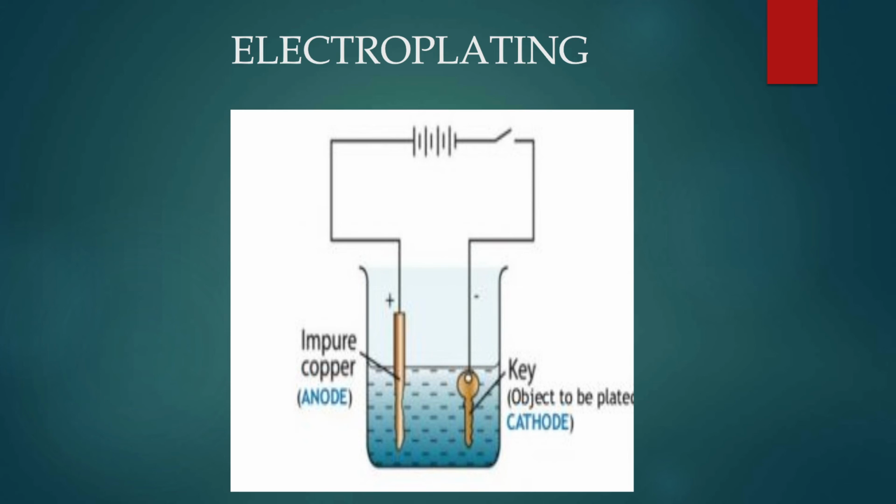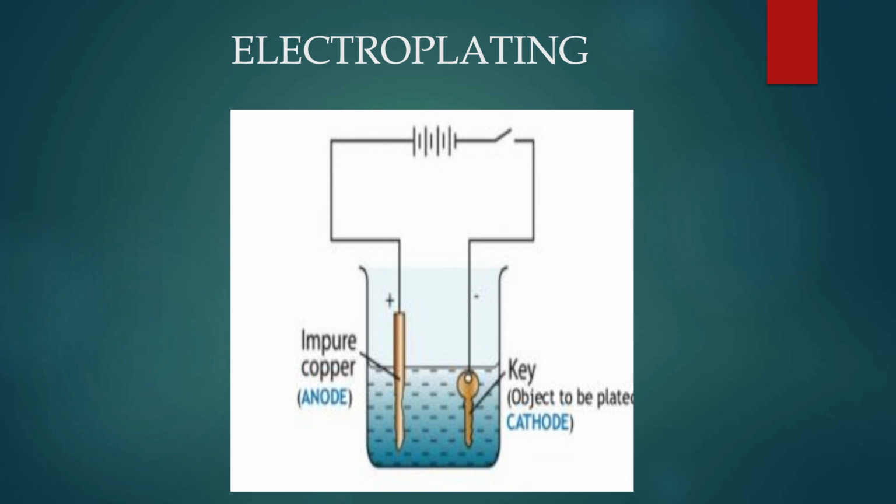Now when electric current is passed through the copper sulfate solution, in which the copper sulfate is present in the form of copper and sulfate ions, the free copper ions are drawn through the electrode connected to the negative terminal of the battery. This is your negative terminal. Okay, so these copper ions which get dissociated will be coated on the iron key.